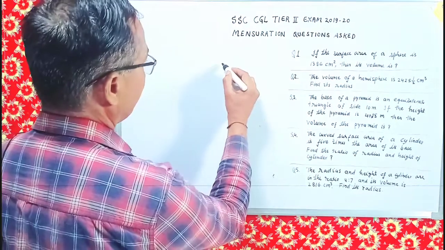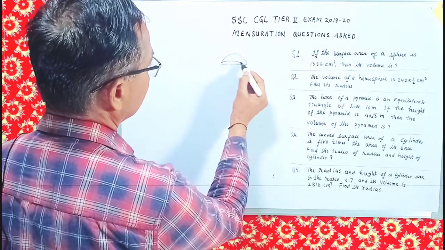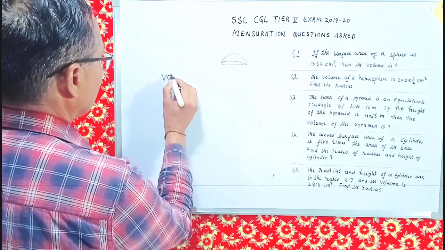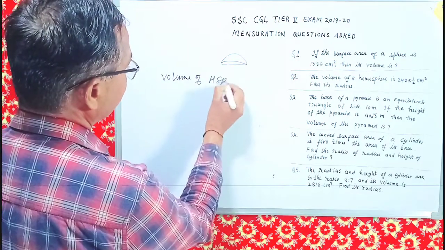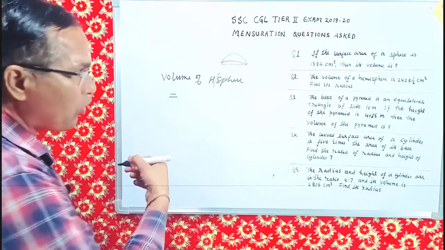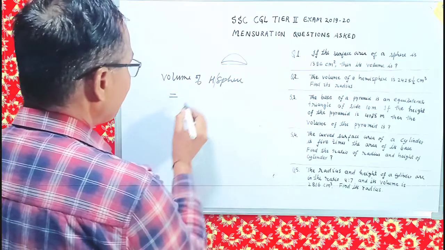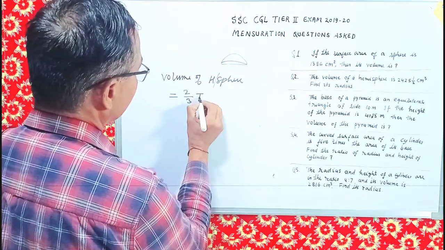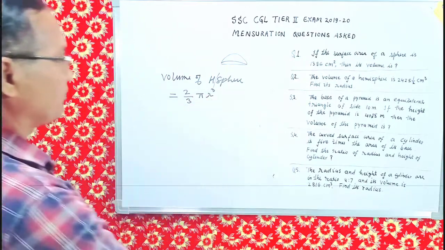So hemisphere, this is the hemisphere, and volume of hemisphere is half of the volume of the sphere. So that was 4 by 3, and half of that is 2 by 3 pi r cube.